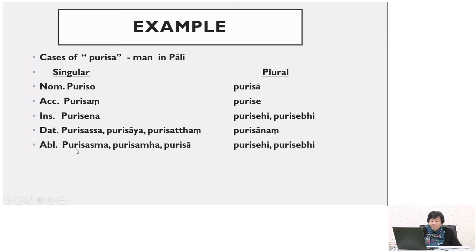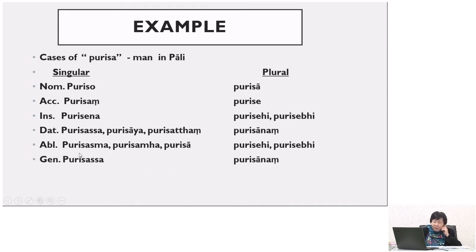For the ablative case in Pali, you have to use this form. So this paradigm consists of affixes and morphemes, free morpheme or stem, I don't know, this one you have to explain yourself because you know Pali as well, okay?